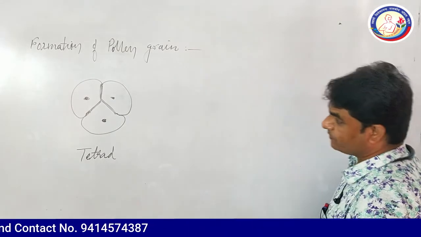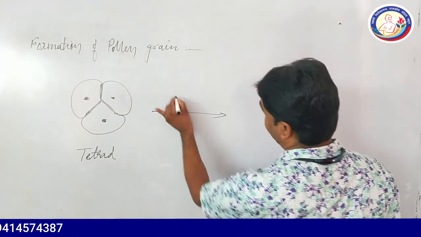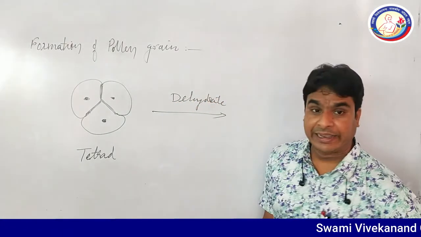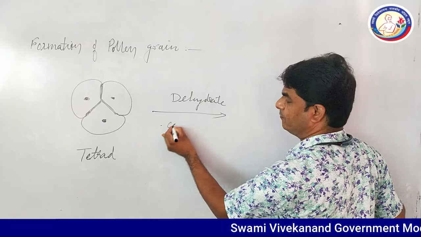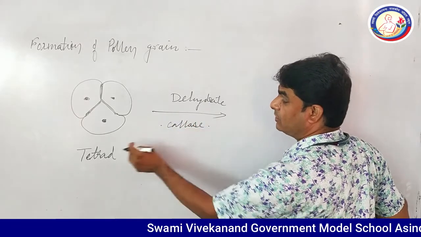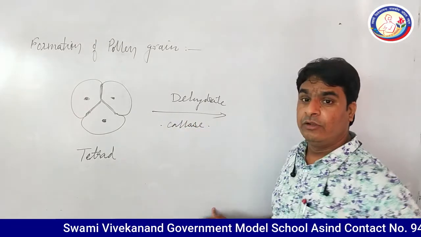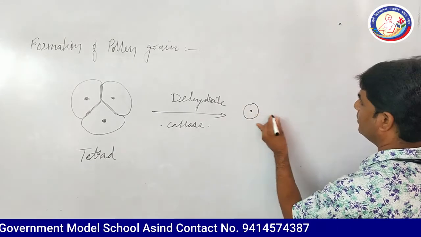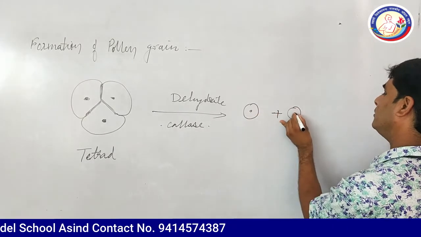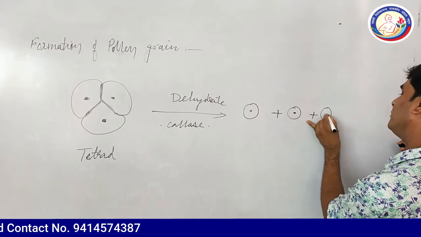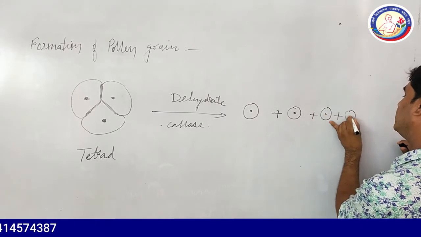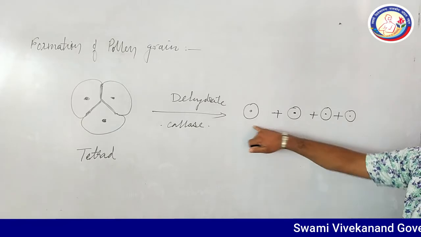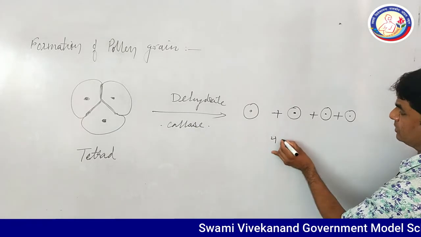So students, as it dehydrates, callase enzyme will work here, and this group of 4 cells will be separated with the help of these enzymes, and these are the 4 microspores.